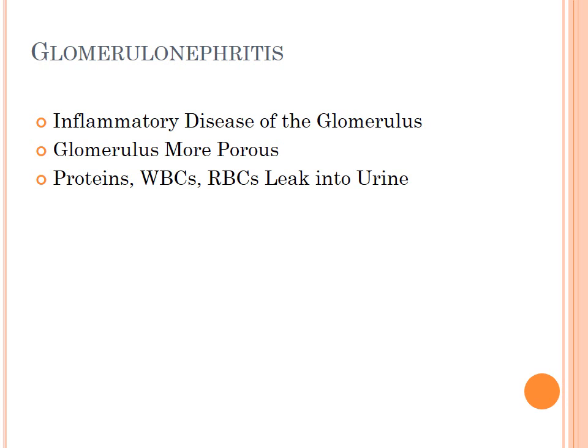Strep throat and impetigo are big culprits, and what happens is there's antibody-antigen deposits in the basement membrane of the glomerulus, which is what damages the glomerulus and allows for those cells to leak into the tubule and into the urine.